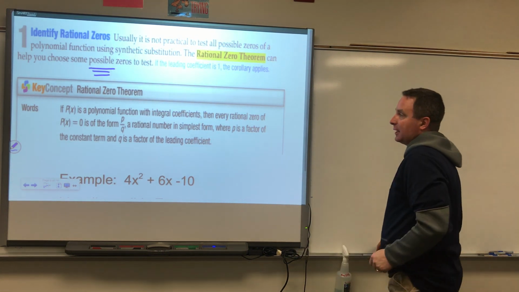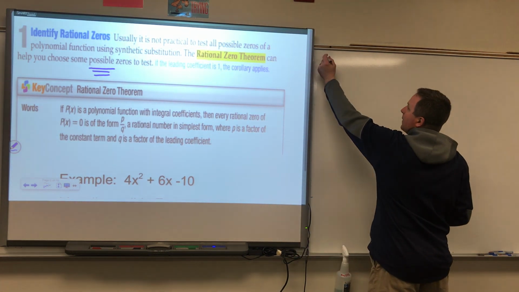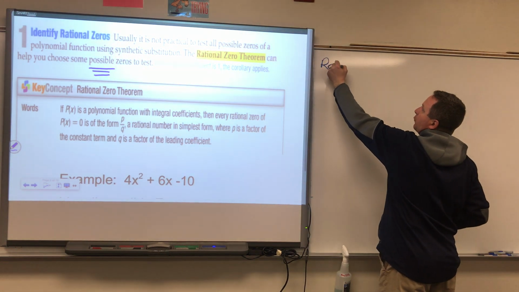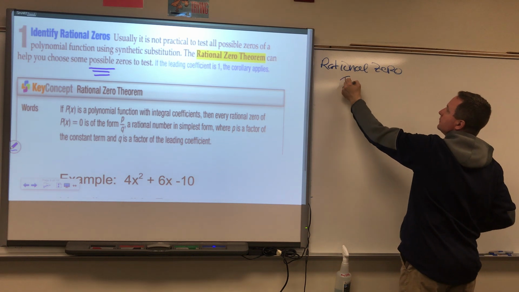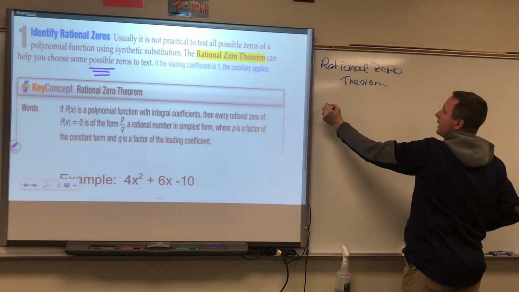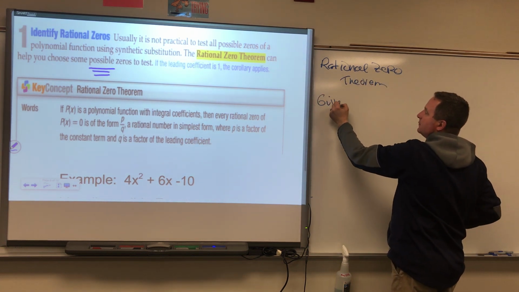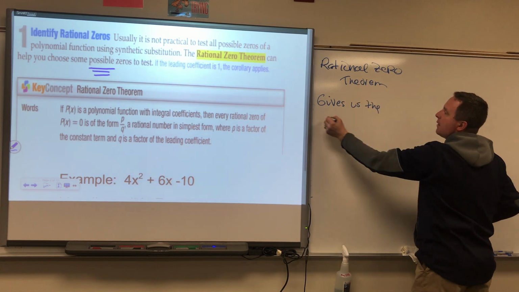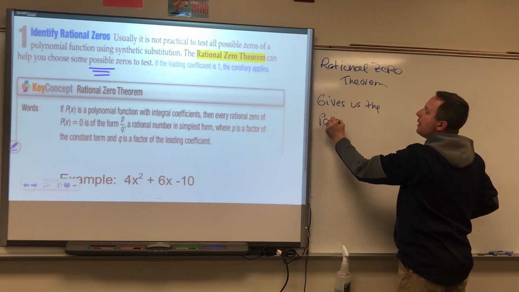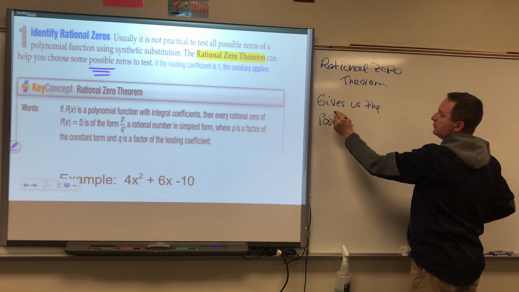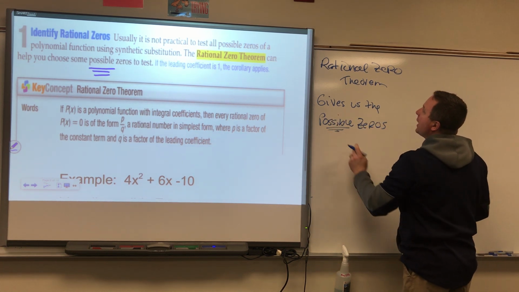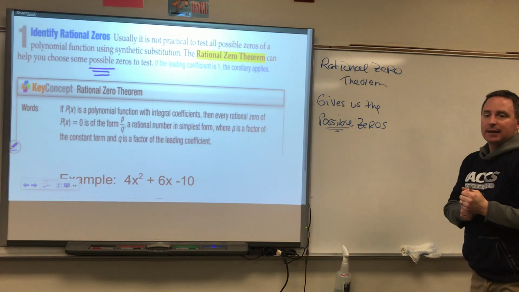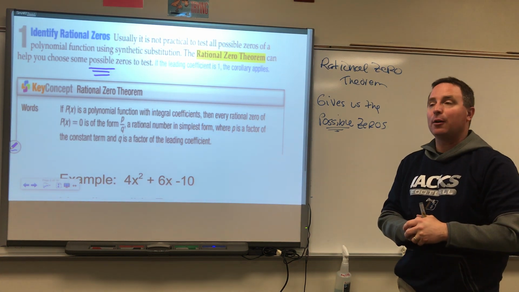And what it says here, I'm going to write this down. The rational zero theorem gives us the possible zeros, the possible solutions. Okay, some of them might work, some of them might not work.